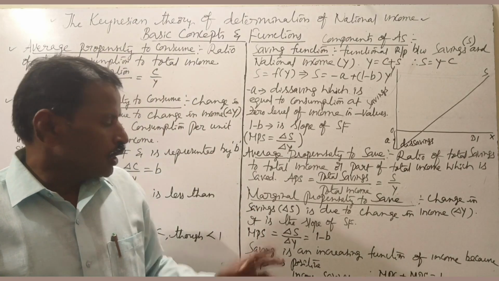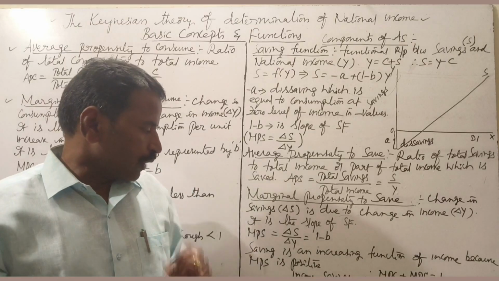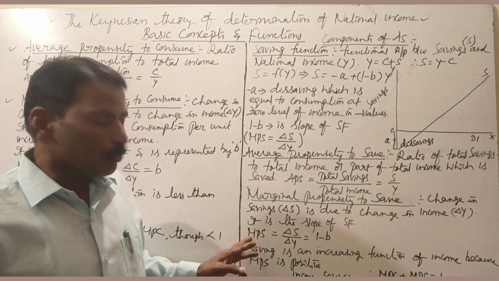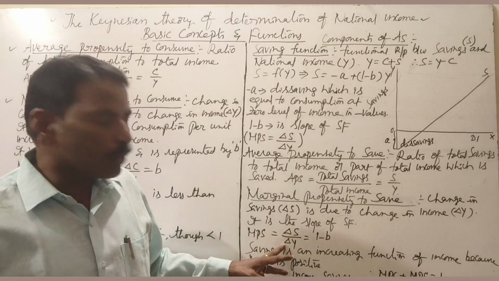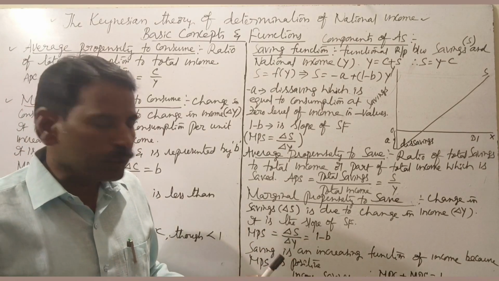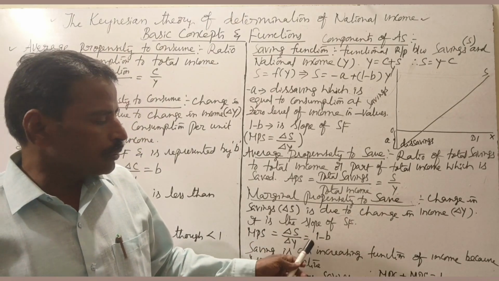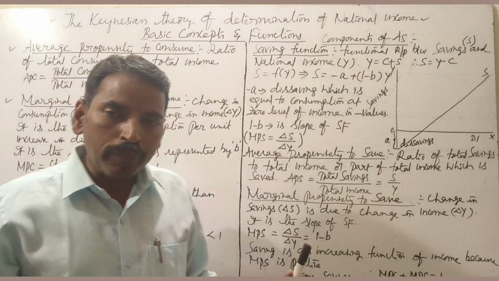MPS is equal to delta S by delta Y, which is equal to 1 minus B.